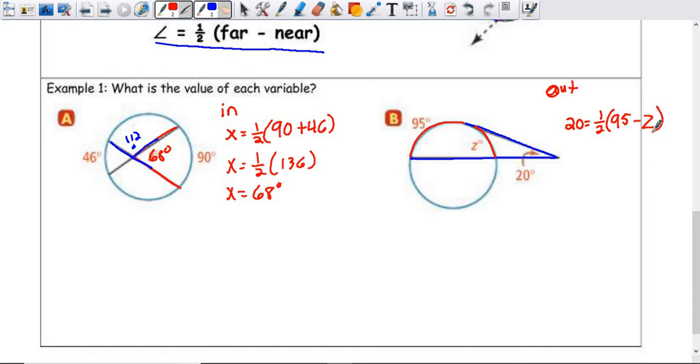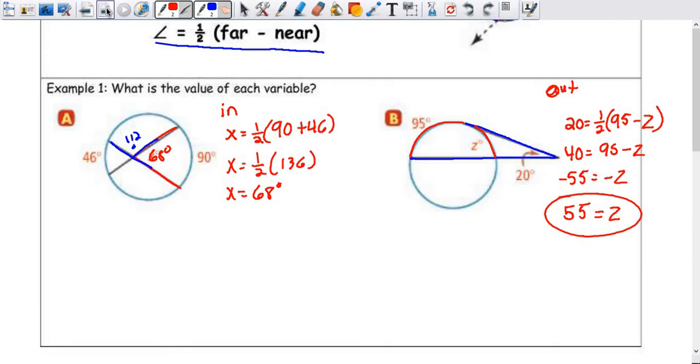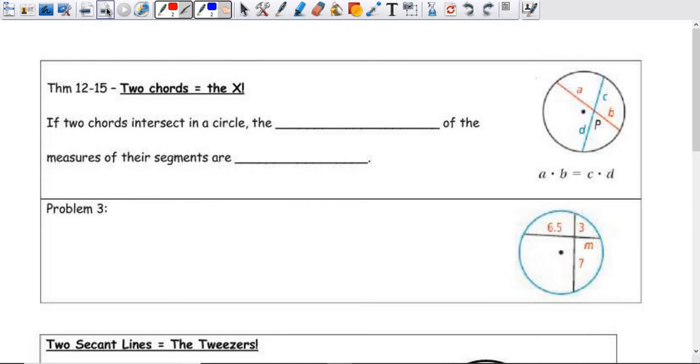I think the easiest way is to go ahead and multiply both sides by 2, so I get 40 equals 95 minus z. If I subtract 95, then I get negative 55 equals negative z, and of course you know if you got negatives on both sides, they both become positive, so z equals 55. All right, hopefully that's pretty easy for you guys to understand, just remembering when to use inside, outside, or on the circle, okay?